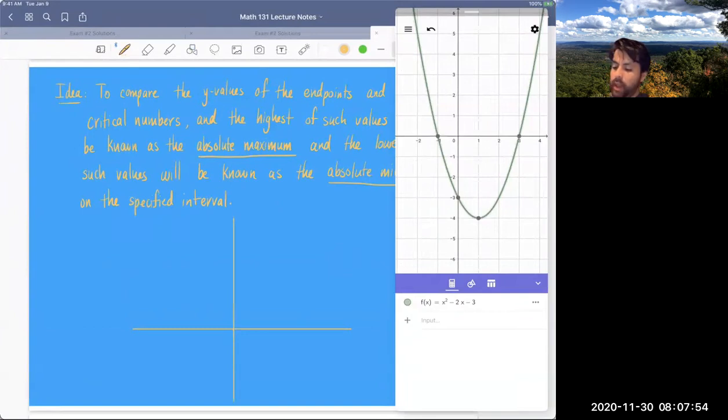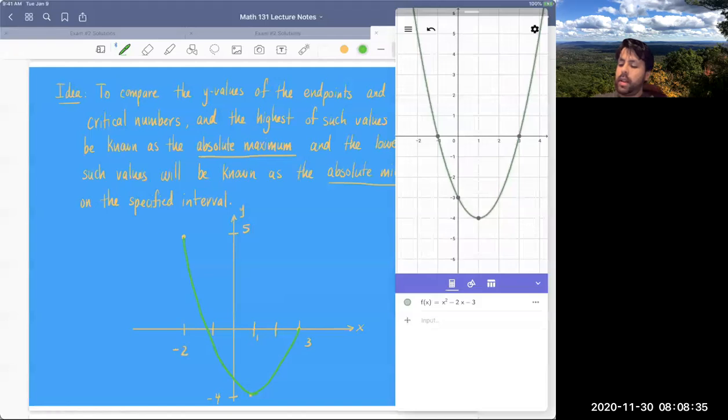So -2, if you look at the graph, the y value is 5. And my x values go to 3, right? My x value 1, 2, 3 is right here. And then I have a relative minimum here at -4. So if I sketch the graph, I get something like this.